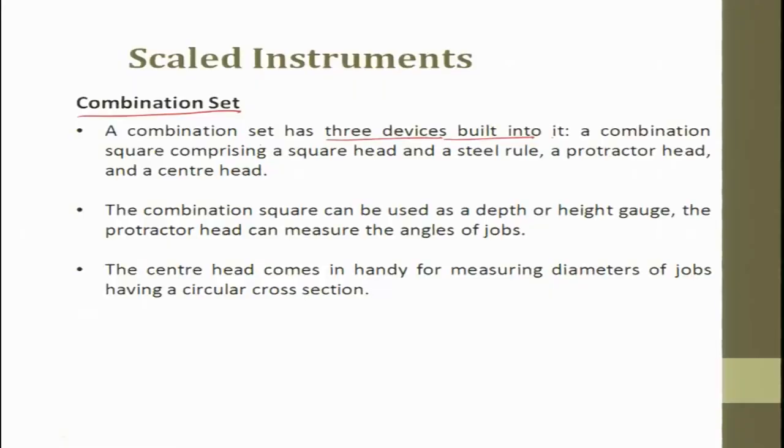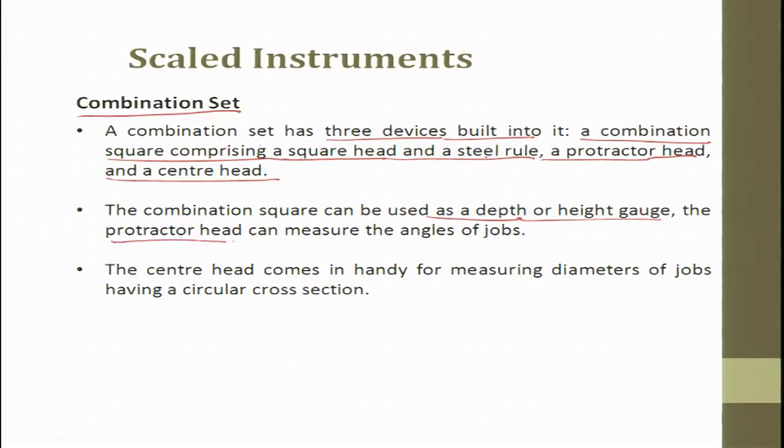A combination set has 3 devices built into it: a square comprising a square head and a steel ruler, a protractor head and a center head. The combination square can be used as a depth or height gauge.